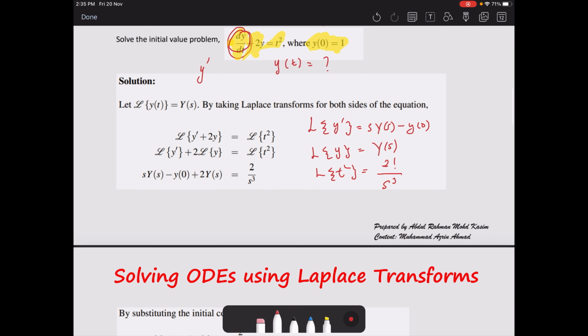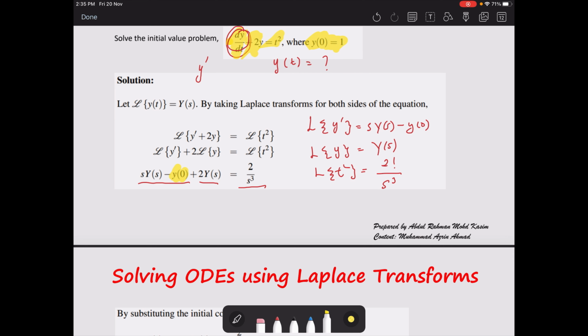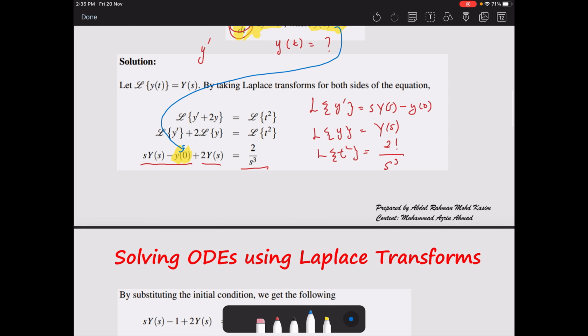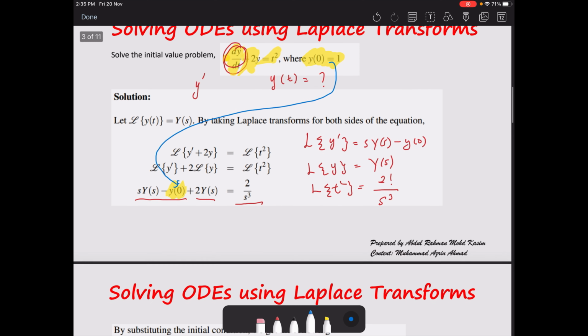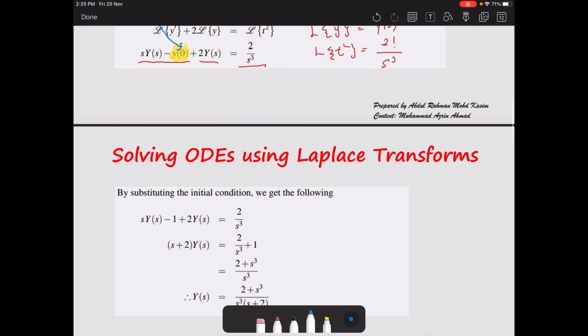So when you insert back, you will have this one, and this one is your boundary condition. When you already have the value of the boundary condition, you just replace it, so you replace this one as 1.